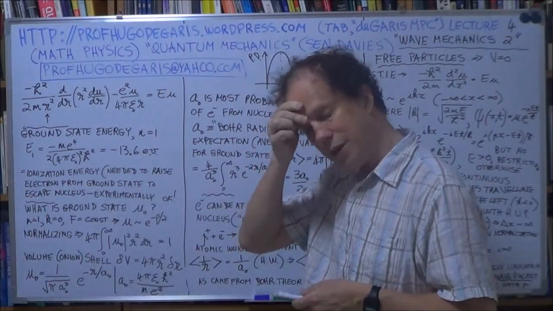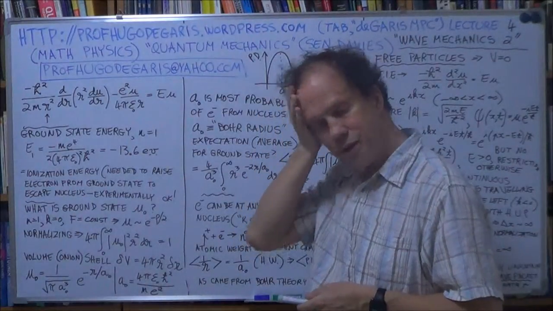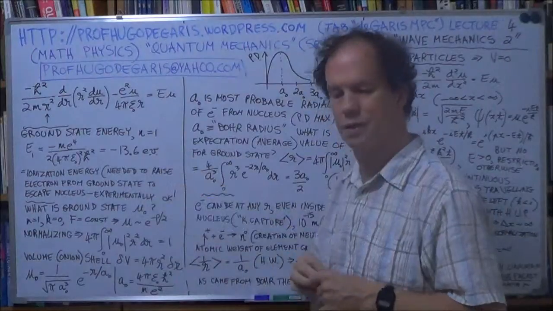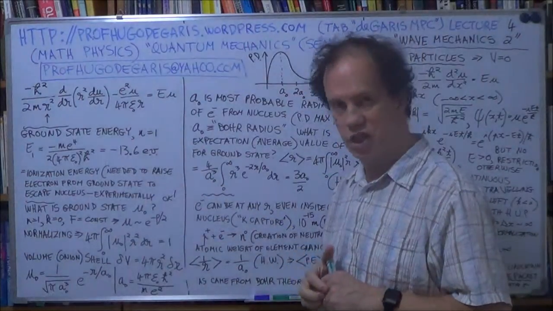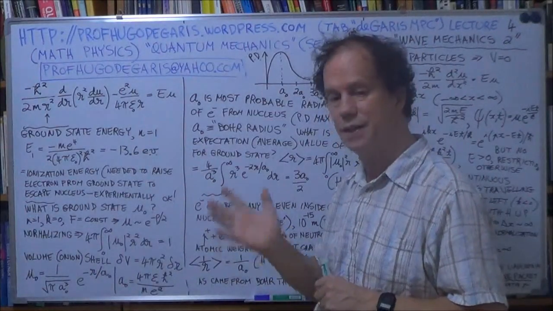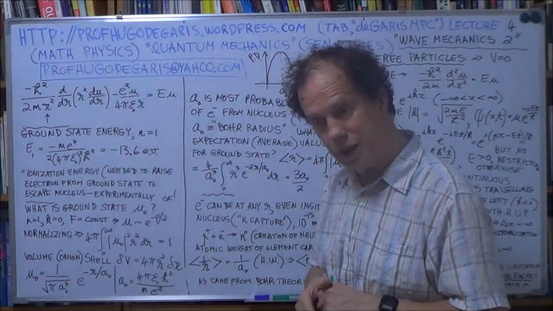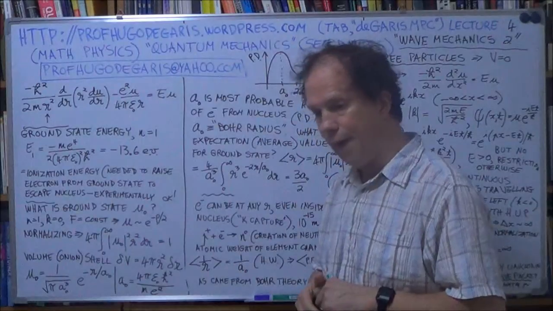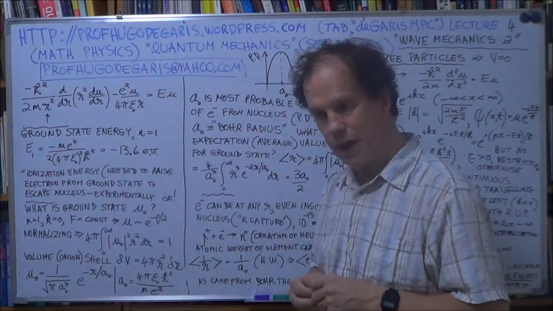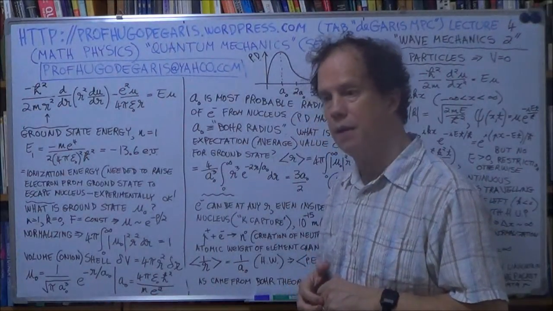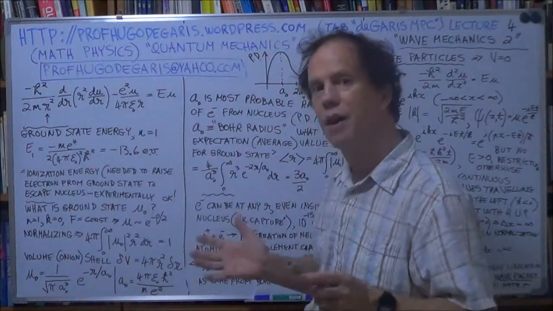We want to find the eigenvalues and the eigenfunctions. In this general context, the eigenvalues are energies. Later we'll have eigenvalues of a different kind. They won't be energies. They'll be angular momenta, spin, other things.